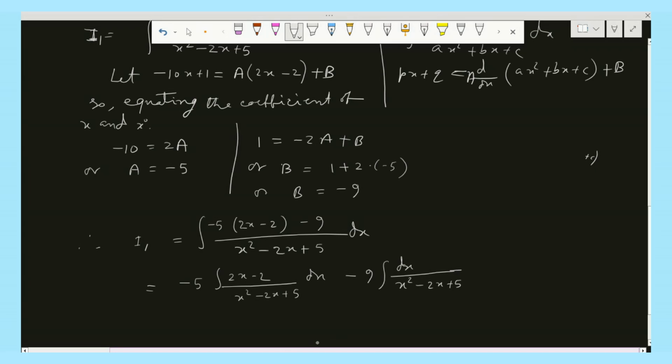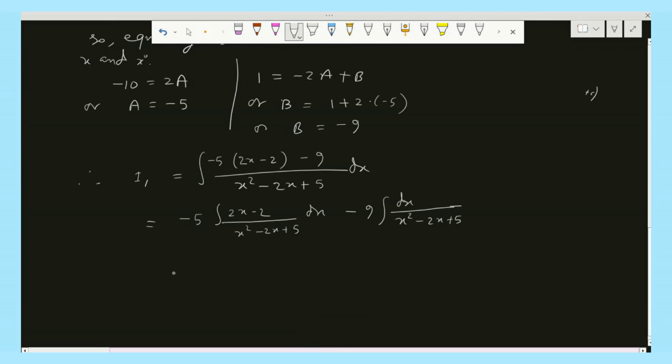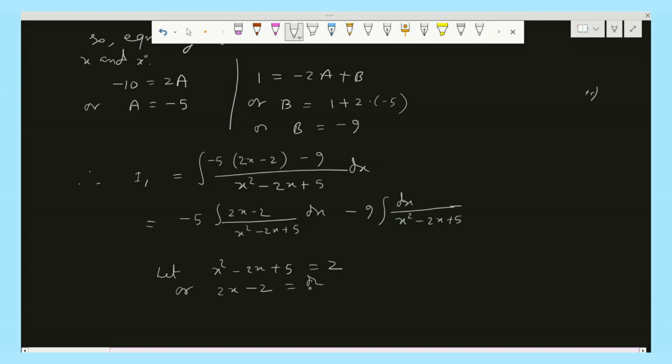For the first part, let x square minus 2x plus 5 be equal to z. Differentiate with respect to x: 2x minus 2 on the left, and on the right hand side dz by dx. From here, 2x minus 2 dx is equal to dz.